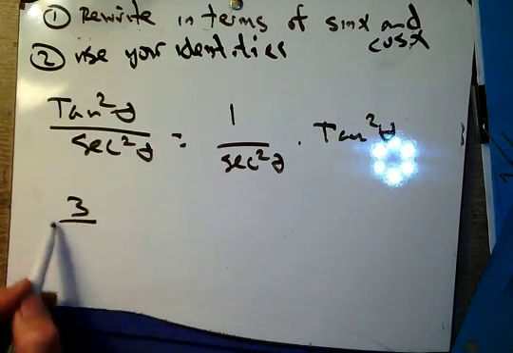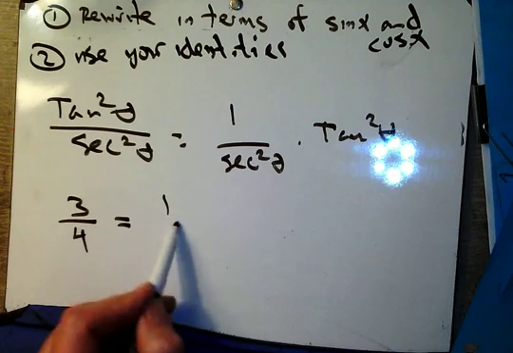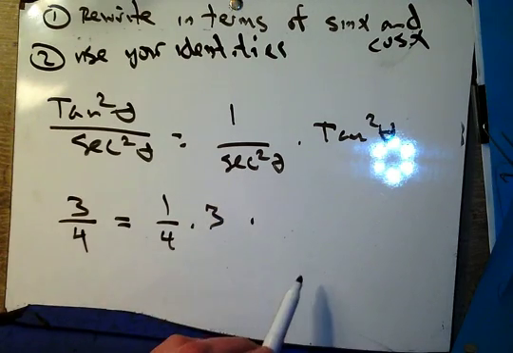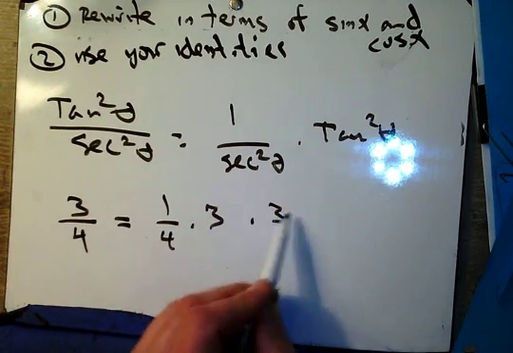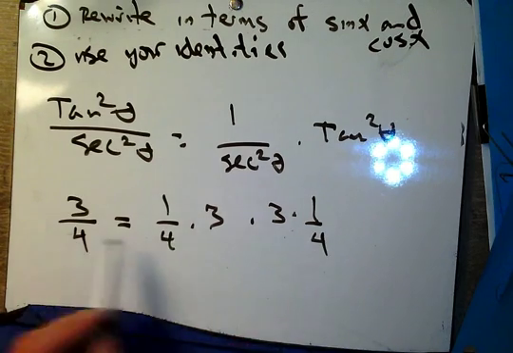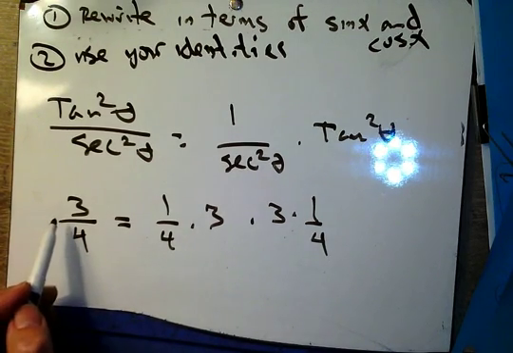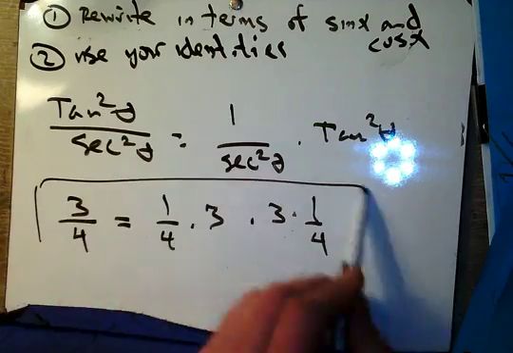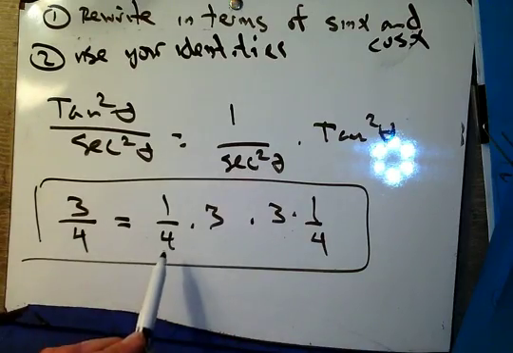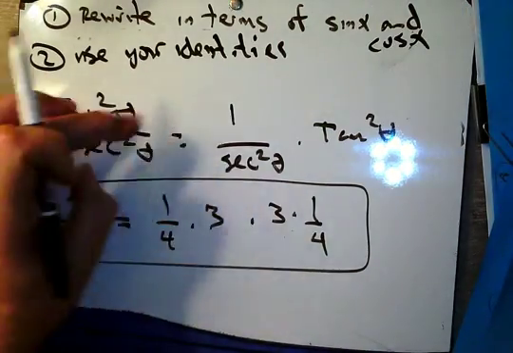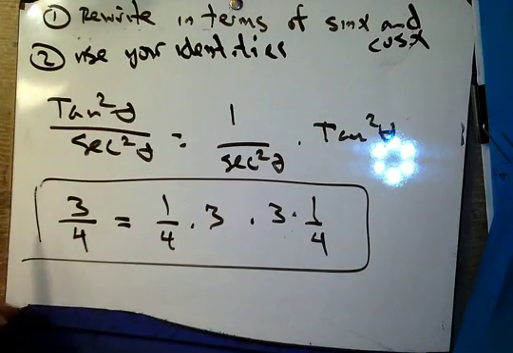Yeah, so 3/4 in middle school was 1/4 times 3, or 3 times 1/4. All of these are the same. And maybe you want to have this as a strategy, that idea that you can shift these.